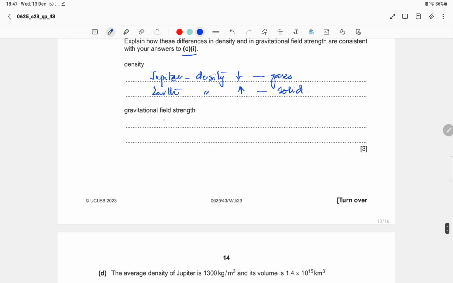Whereas gravity, if you talk about gravitational field, Jupiter has gravitational field strength more because it has more mass, or it is larger. Whereas Earth has less gravitational field strength because its mass is less as compared to Jupiter.